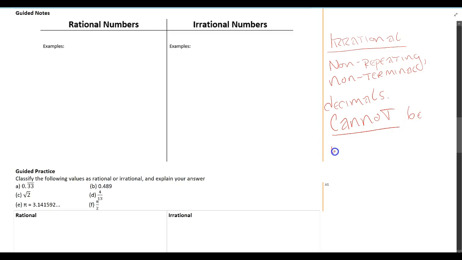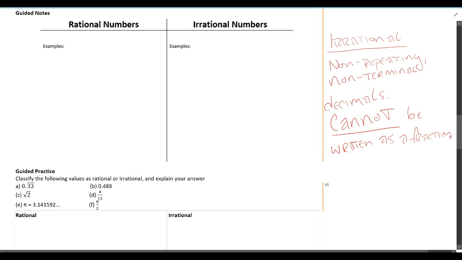These cannot be written as a fraction. So the whole idea here is you can't write an irrational number as a fraction.